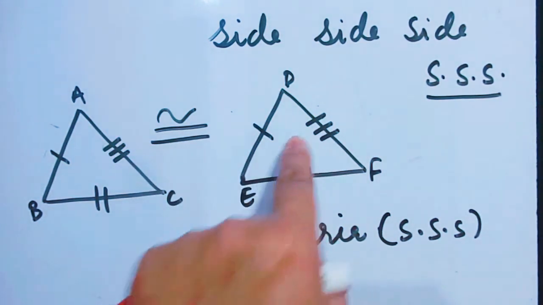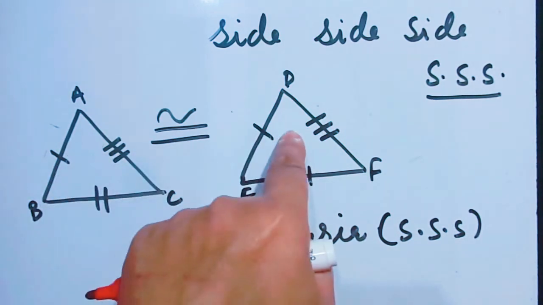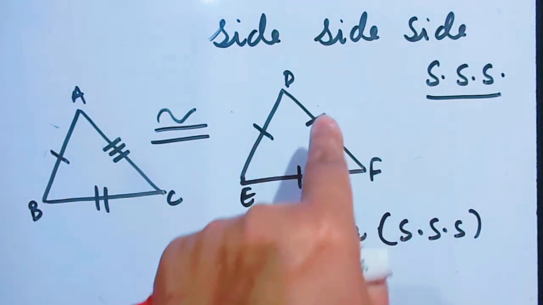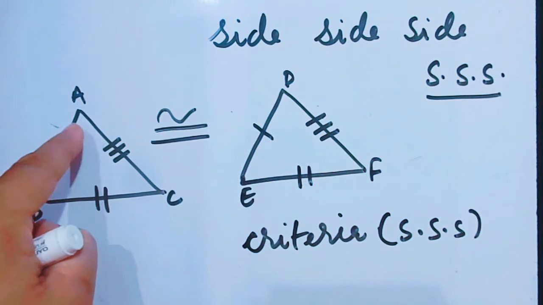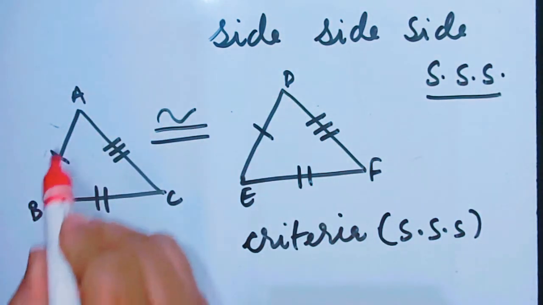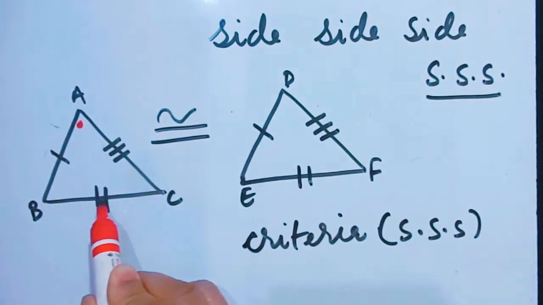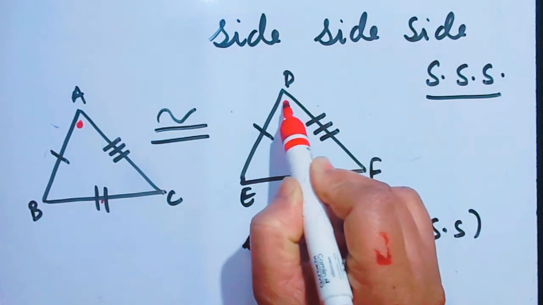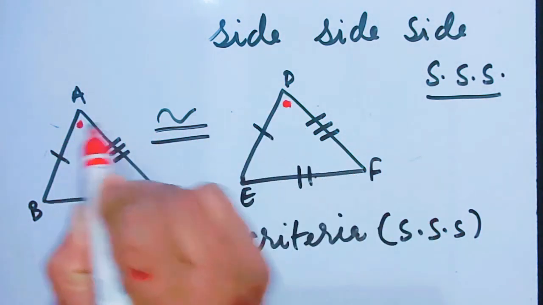Now, if you prove that these two triangles are congruent, then you have the liberty to say that angle A will be equal to angle D. Why? You can see over here that angle A is opposite to this particular double tick. That is why they are known as the corresponding angles.